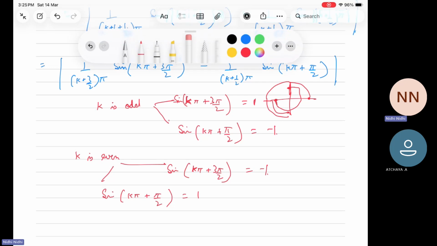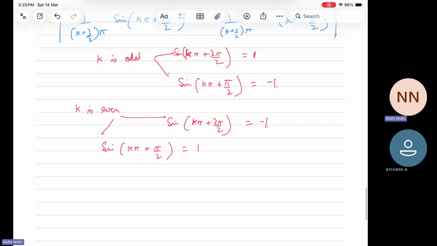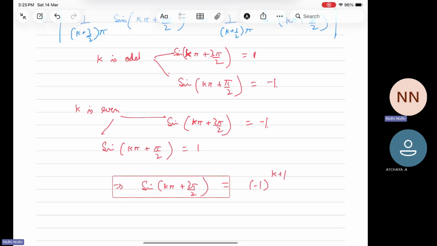So overall, we can say that sine k pi plus 3 pi by 2 is equal to minus 1 to the power k plus 1. Because whenever k is odd, sine k pi plus 3 pi by 2 is equal to 1.